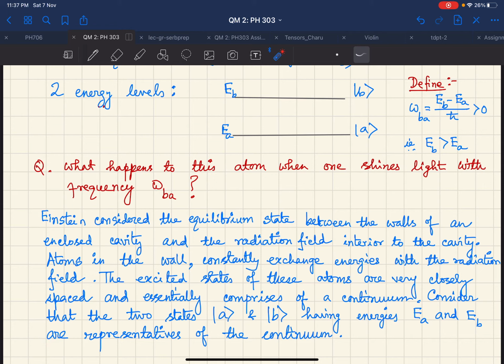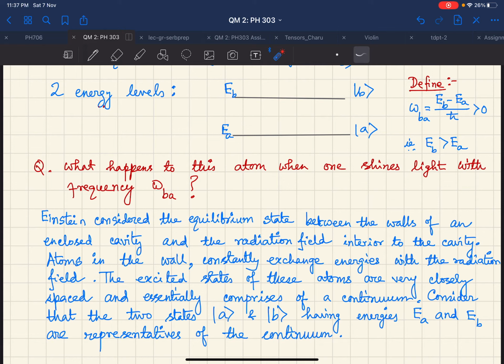So here let me very briefly tell you why this issue comes up. Einstein actually considered some equilibrium state between the walls of an enclosed cavity. And suppose inside that enclosed cavity we have some radiation field, some light with some frequency, and atoms in the wall are constantly exchanging energies with the radiation field.